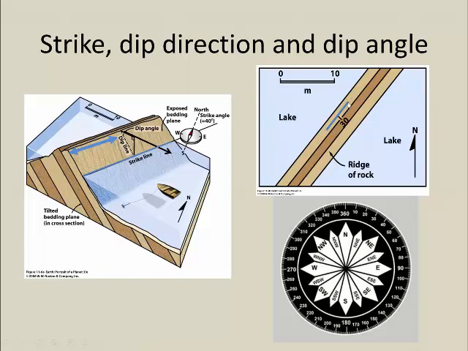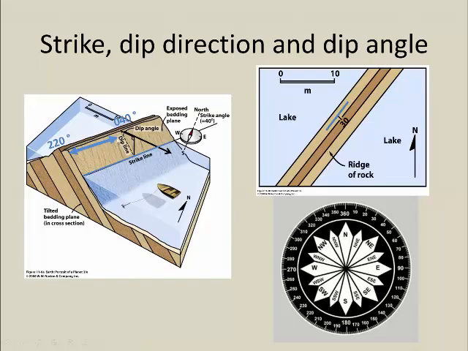The long line is always parallel to the strike of the surface. And then we would have here that small dip line. We come back to that later. So if we see here that strike line in the field, we can measure its orientation with a compass. And we see here in this case the strike line is at 40 degrees with respect to north.